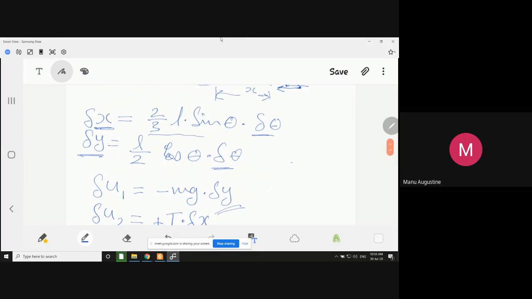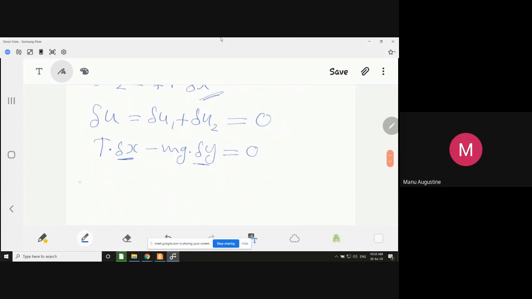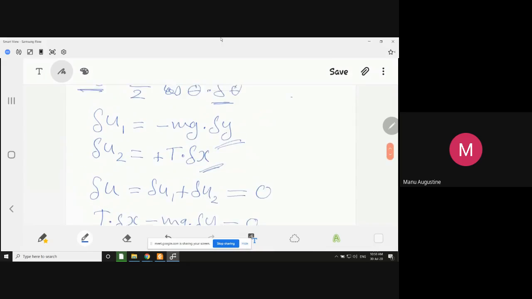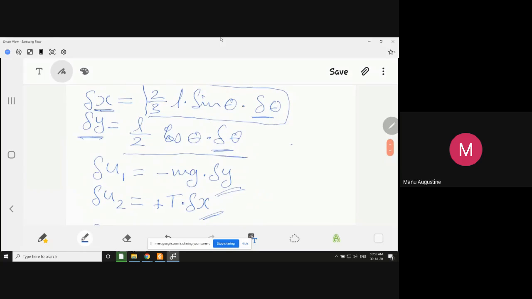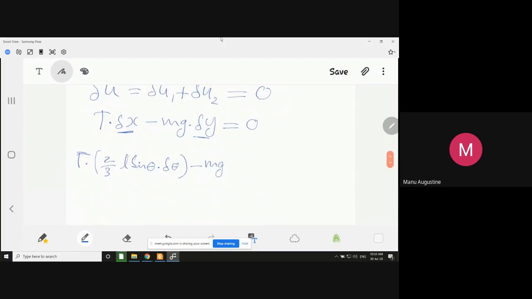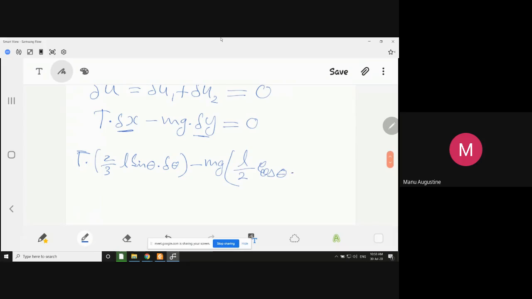Delta x is 2 by 3 L sin theta del theta. So T into 2 by 3 L sin theta del theta minus mg. What is the value of del y? L by 2 cos theta del theta, and this is equal to 0.